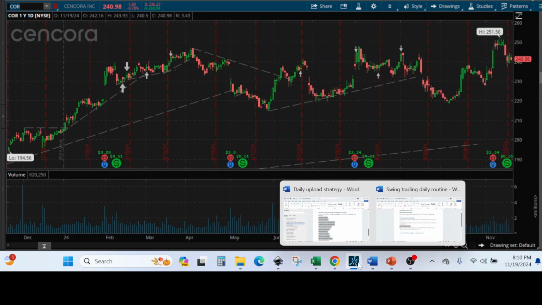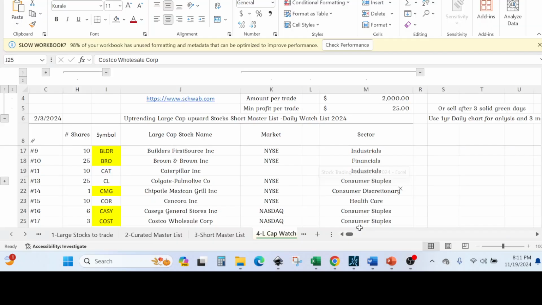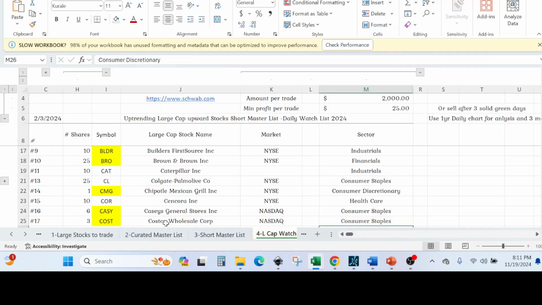Okay, I don't pay attention to the earnings, but when the earnings are already paid and I'm going to analyze the chart, I tend to pay a little bit of attention to it, because after the earnings it could go up just like it could go down.